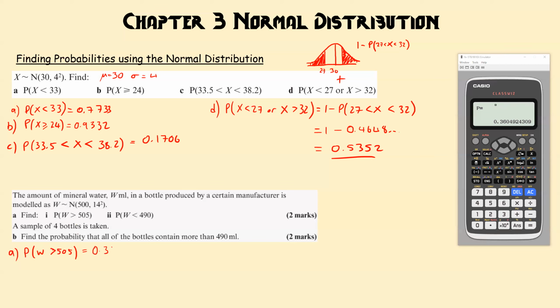0.3605. And part 2, what about if we want less than 490? So I've paid for 500, but what's the chance that I'm actually going to lose 10 milliliters or maybe even lose more than 10 milliliters? So this time my upper bound is going to be 490.